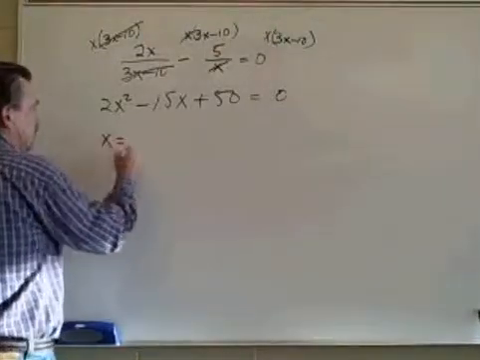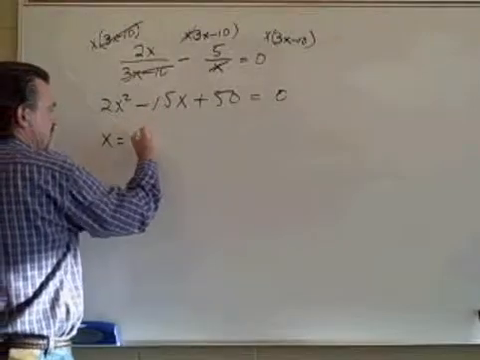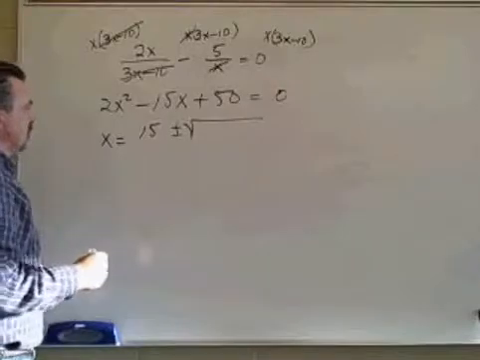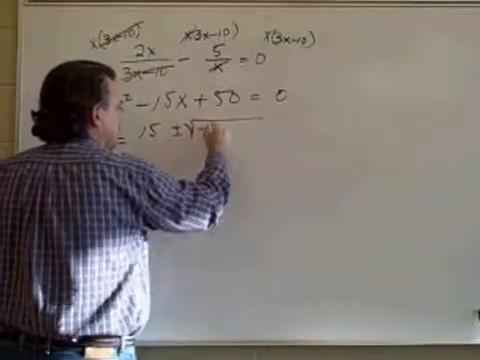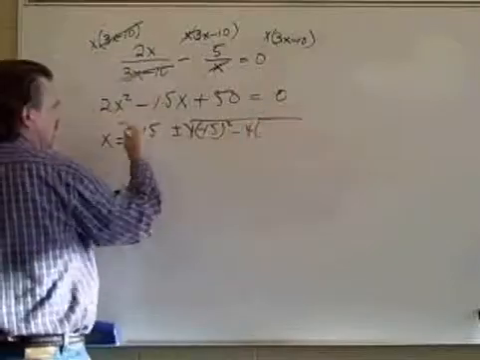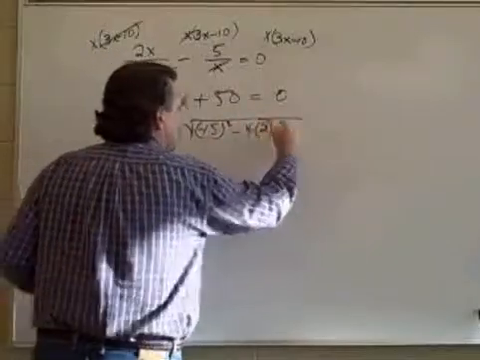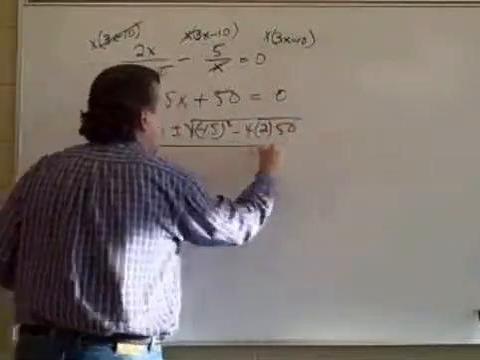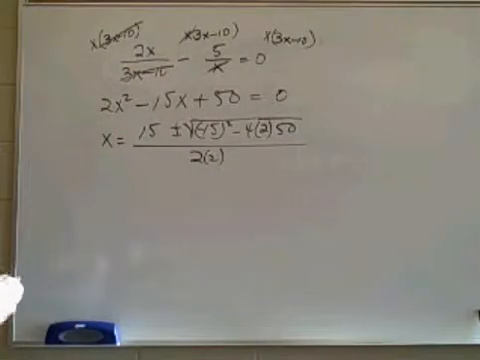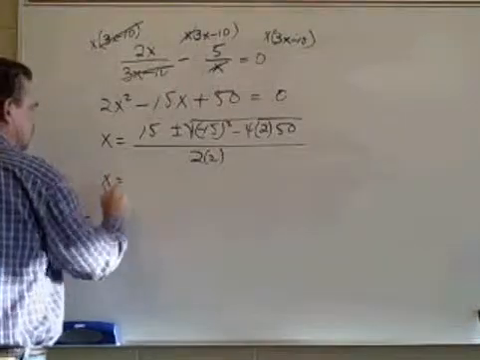So x equals the opposite of b, so the opposite of negative 15 is positive 15, plus or minus the square root of b squared, that'll be negative 15 squared, minus 4 times a, which is 2, times c, which is 50. All of that divided by 2 times a. That's 2 times 2.